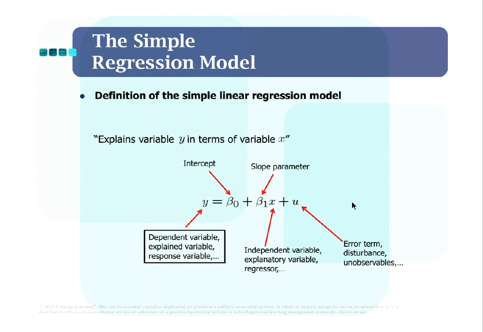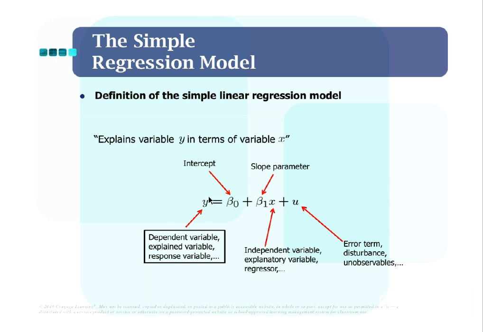So in general, what we do in the econometric analysis or regression is basically using a variable x to explain another variable y. So that's our purpose. We want to identify what's the impact of this x variable on the y variable.